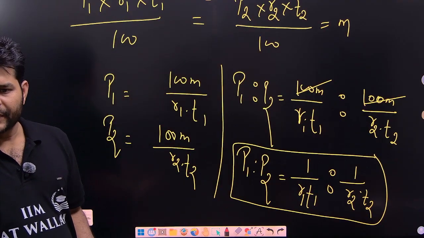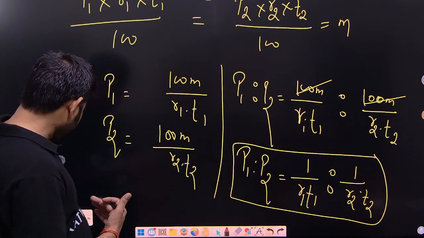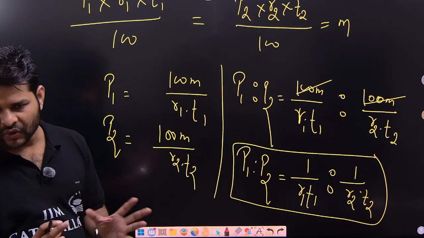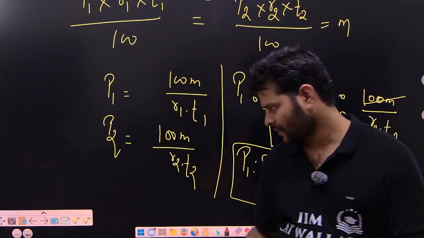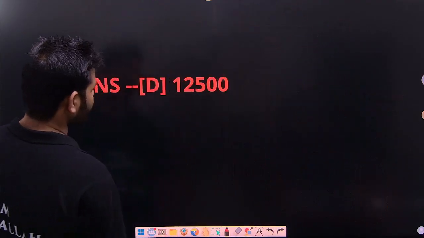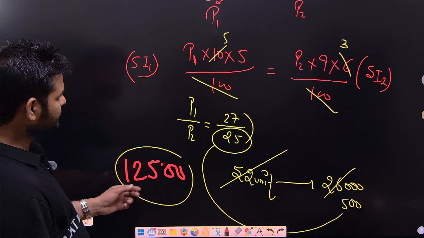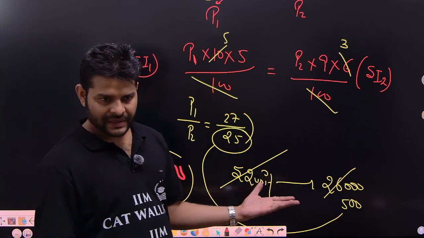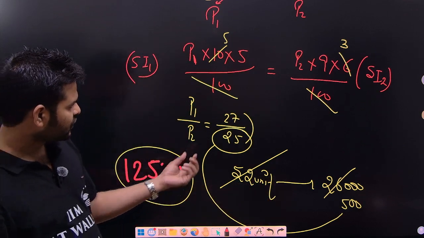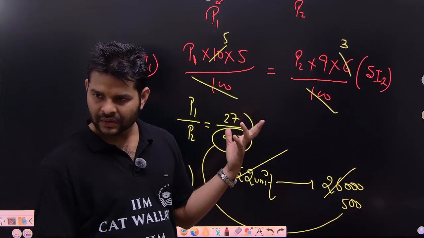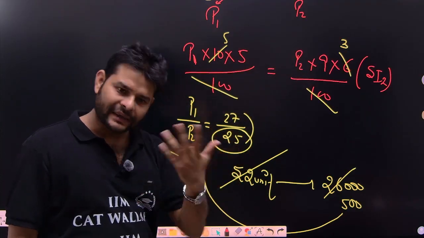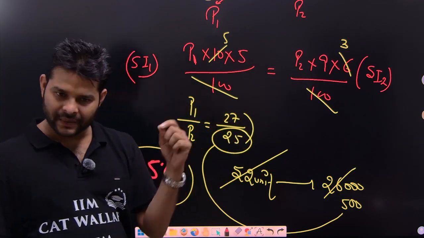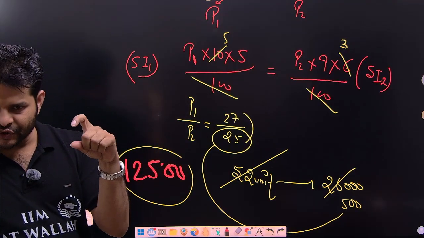That is the formula, which we apply if we directly want to find out the ratio of P1 and P2. When we solve this question, we get the ratio of P1 and P2. After putting in that formula, we can directly get the ratio of P1 and P2.